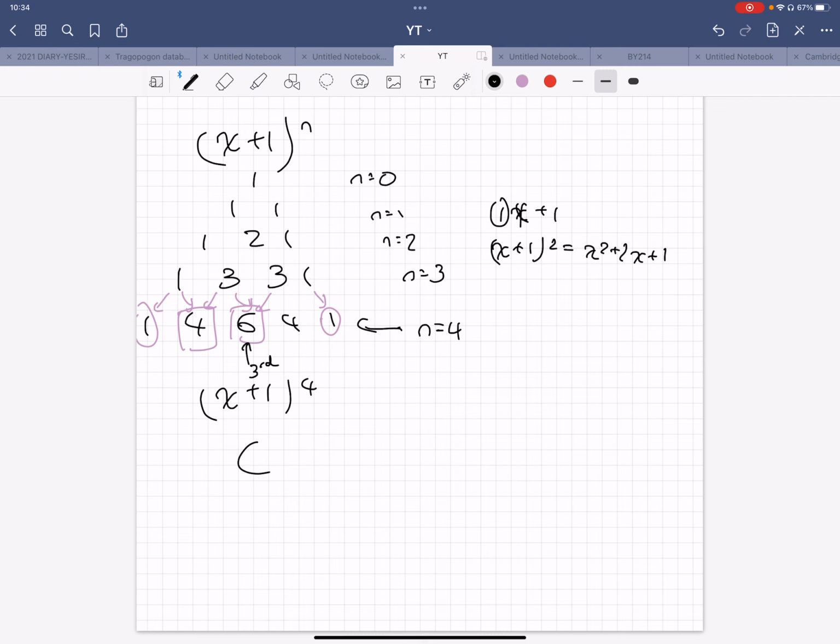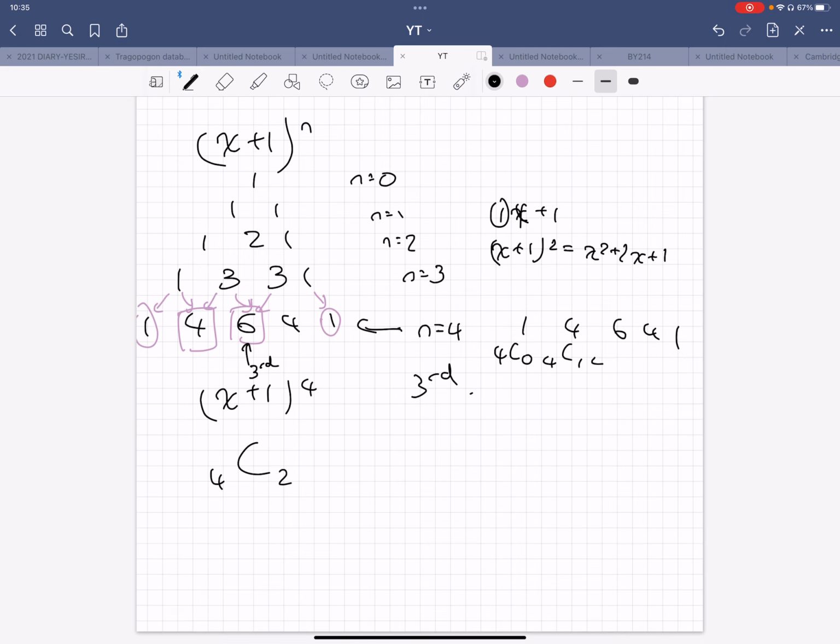Let's say the question asks me, what's the third term? Then we'll have to do 4 choose 3. Sorry, 4 choose 2. Because it's 1, 4, 6, 4, 1, it starts at 4 choose 0, 4 choose 1, 4 choose 2, 4 choose 3, 4 choose 4. So the third term is 4 choose 2.